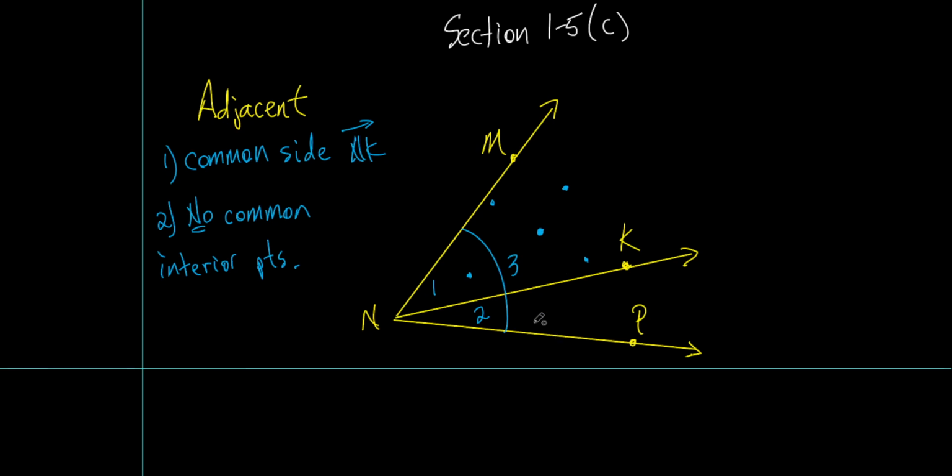Everybody see that? Yeah. Okay? So if I put a point right here, where is that point? It's in angle 1, but it's what? It's also in the interior of angle 3. So you do have a common interior point, don't you? All right? Anywhere I put a point in angle 1, it's also going to be in angle 3. So are they adjacent angles?